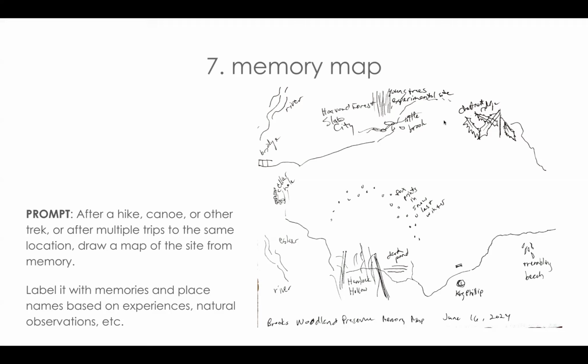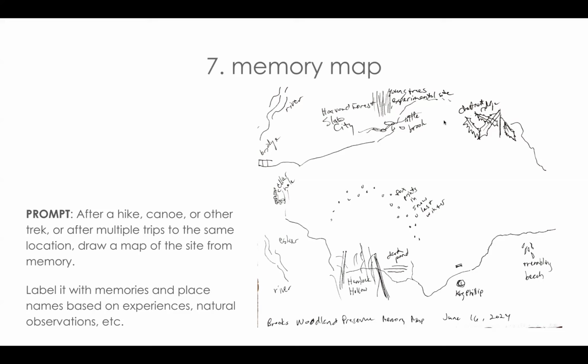Like this is a map of my conservation land across the street, but it's not to scale and it's not really a map. These are places that I have names for myself, you know, like Chestnut Ridge is a place where there's some American chestnut growing that I think is really exciting. And there's a big eastern pine that I call King Philip. These are my own little names for things.